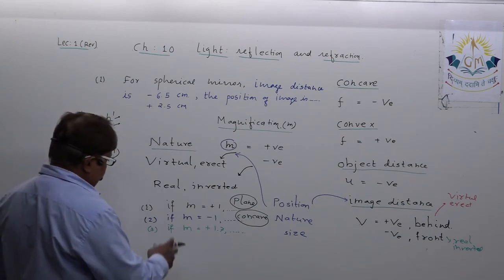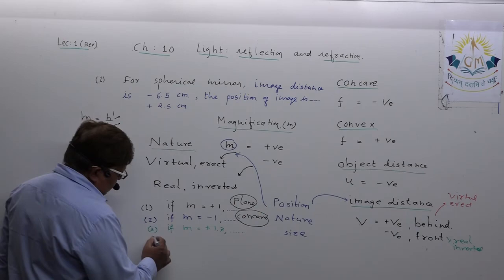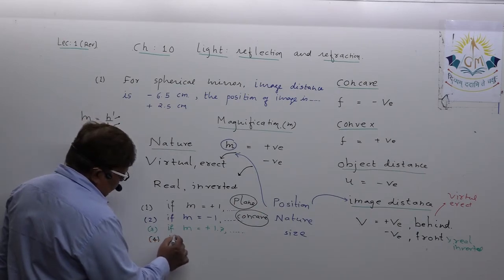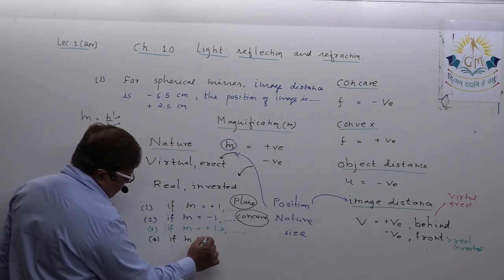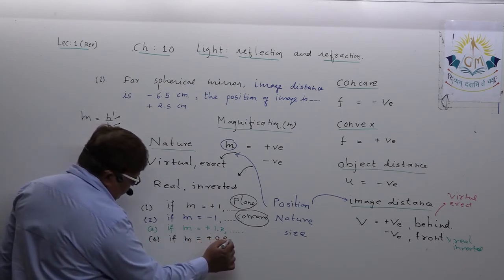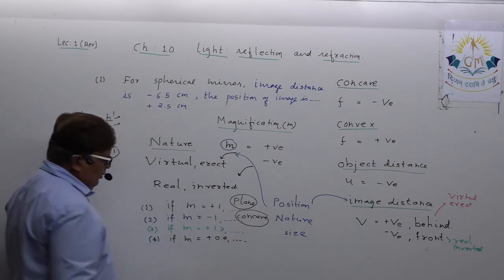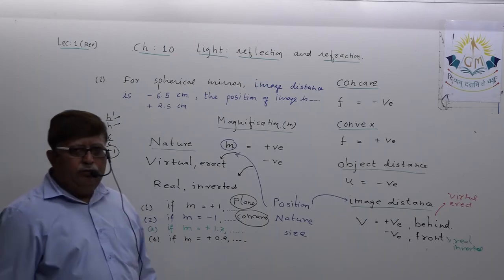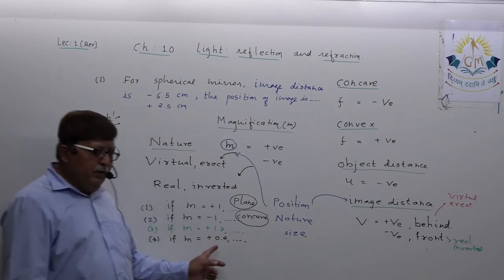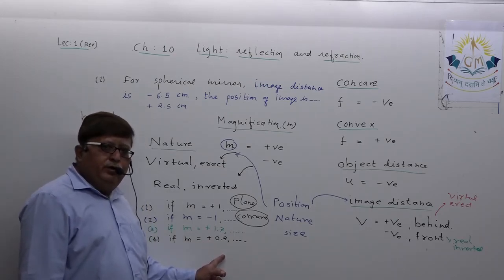Suppose I write if m equal to plus 0.2. Can you guess the value of magnification?